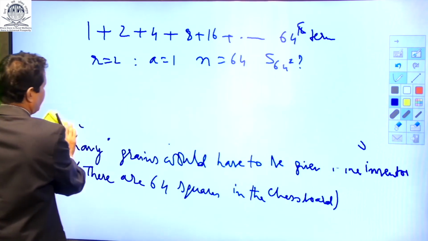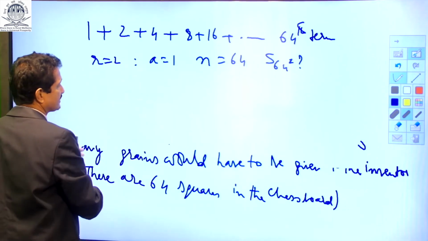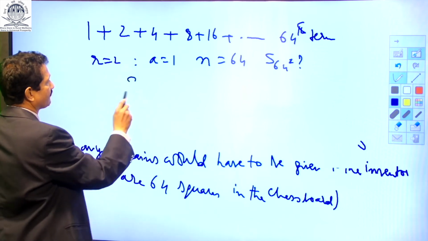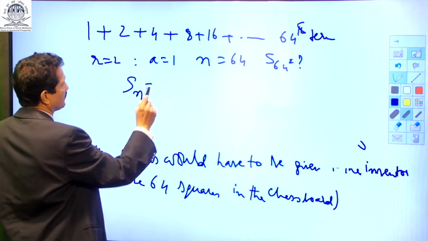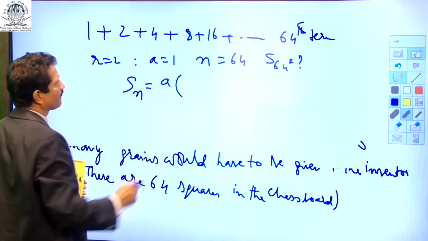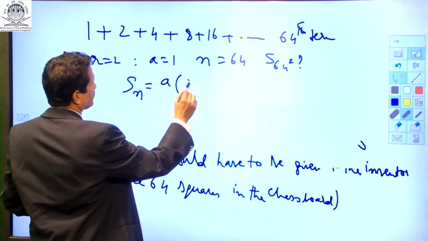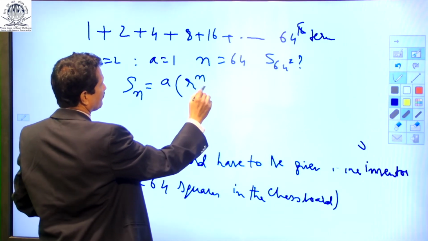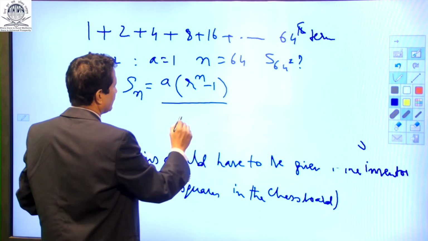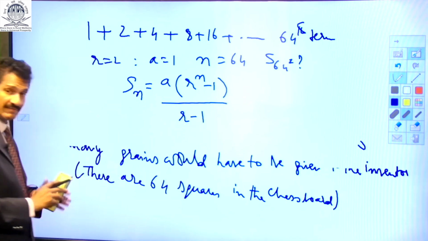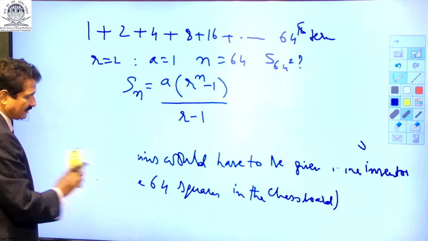What is the formula? The formula is Sn is equal to A into (R to the power of n minus 1) by (R minus 1). We have discussed this in the previous module.